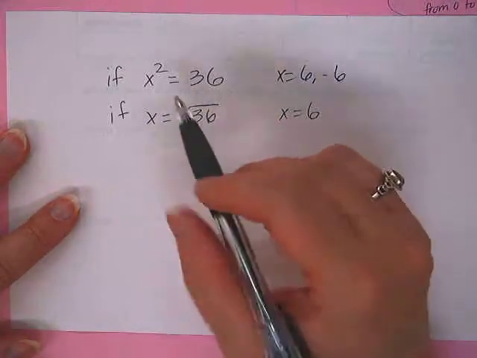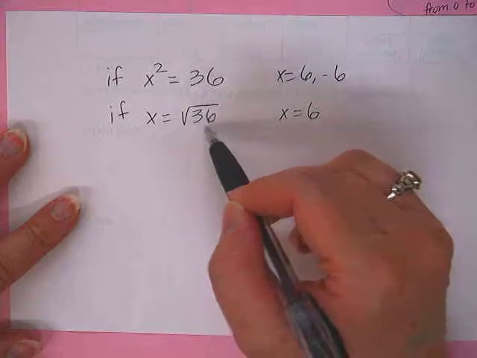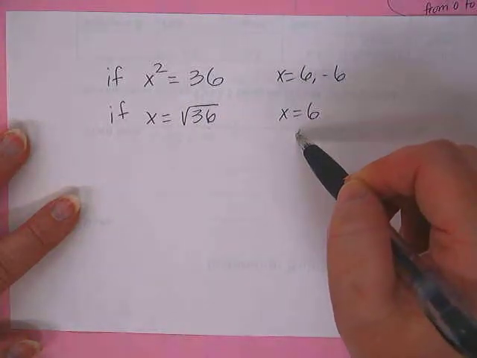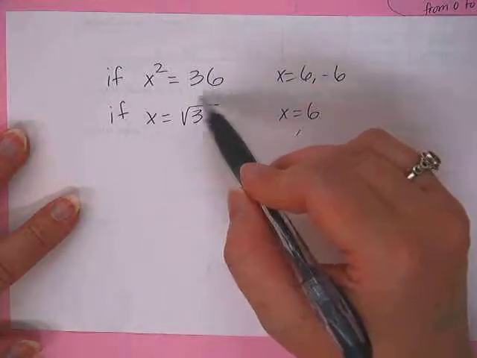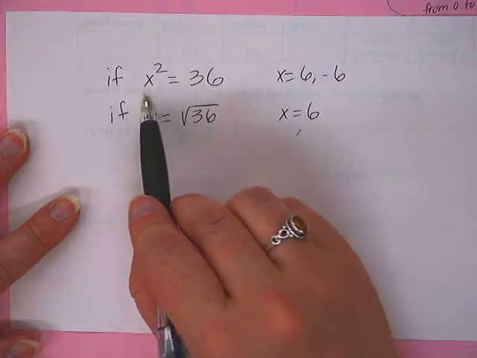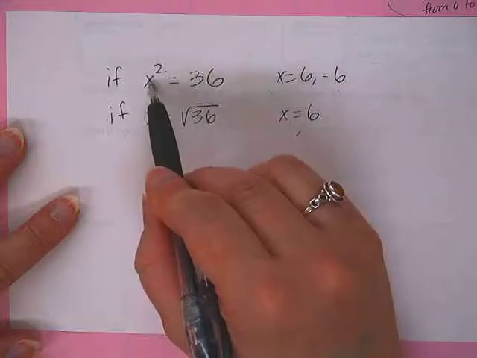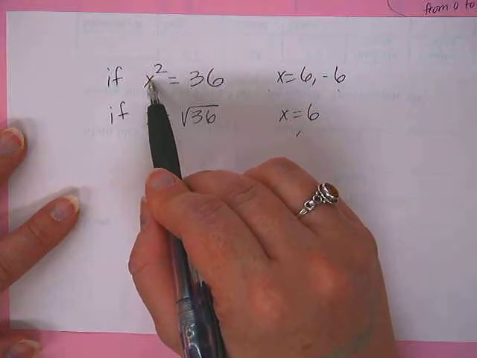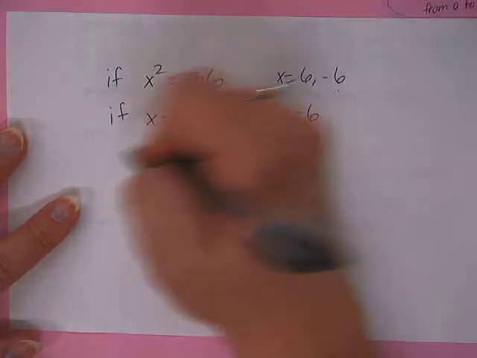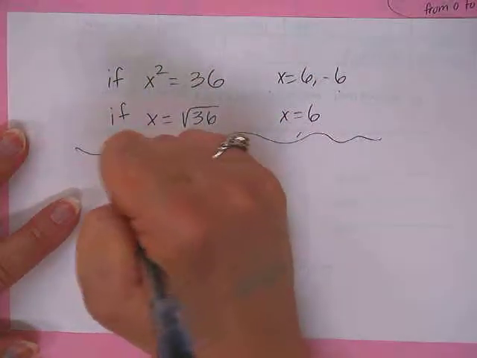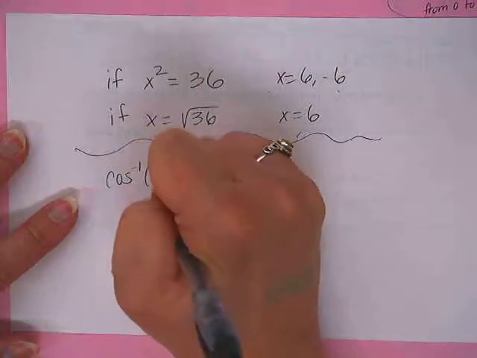What's the difference? This one's already been defined with the square root, so therefore it's defined as the positive square root of 36, so the answer is 6. This one has not been defined, we're simply solving for x, which means it could be 6, it could be negative 6. We don't know. Either one of those work in here, right?